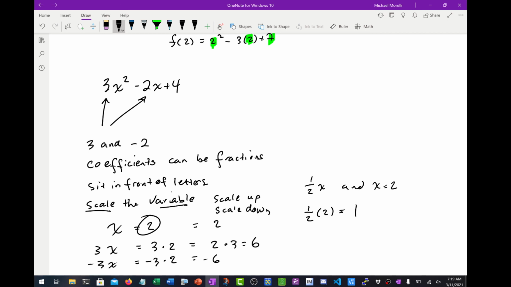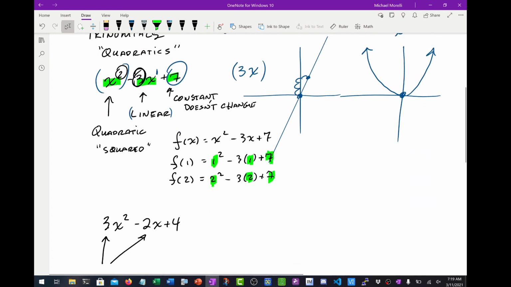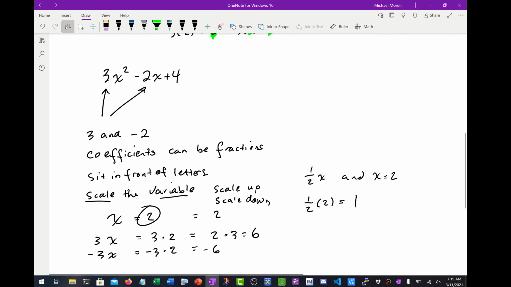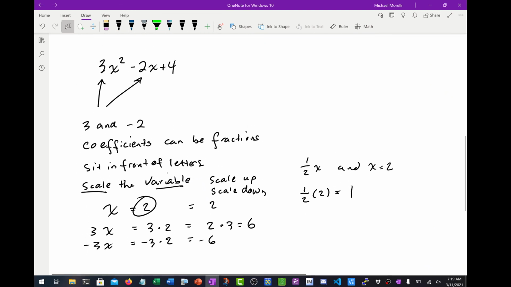Okay, so now we've talked about all these different terms. We've talked about variables, trinomials, binomials, monomials. We're getting to the part where we're going to talk about quadratics. But this is a basic introduction to the nomenclature of trinomials, and I hope this was helpful.